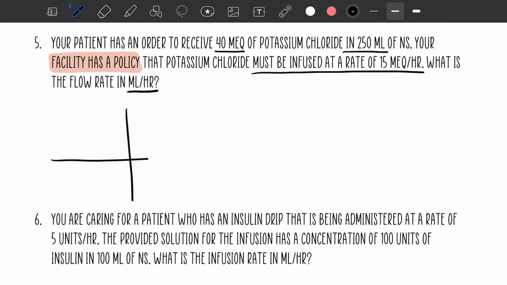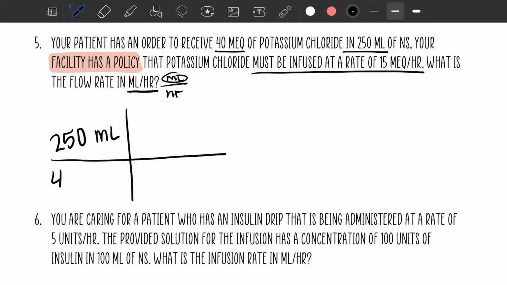We have our cross here. Now remember, we want milliliters over hour, so we're going to need to set this up in a way that helps us get there. So 40 milliequivalents and 250 milliliters is our order, so it's going to go on the left. We're going to put 250 milliliters on top because we need milliliters on top.